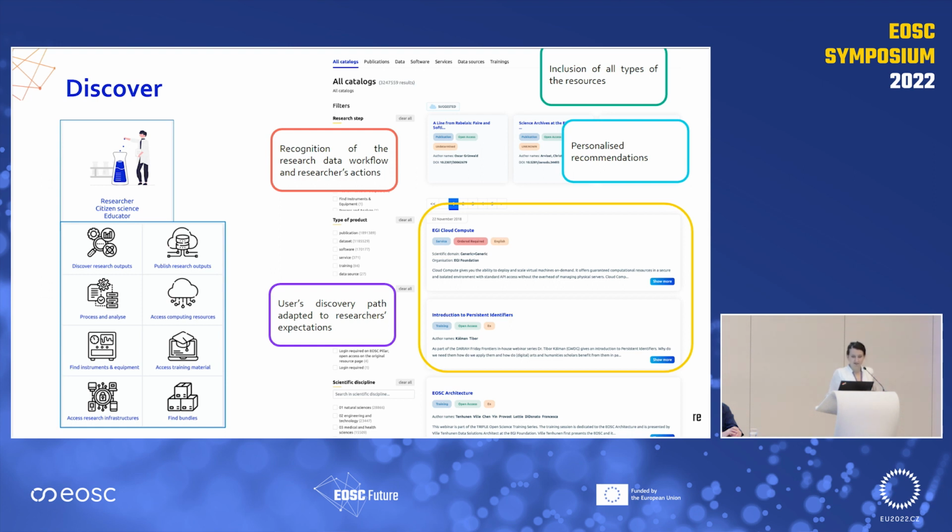And also last but not least, the presentation of the element itself also mattered, and we checked what information is meaningful from the researcher's perspective, because once the provider is submitting the metadata about the service or the research object, a lot of information is included.